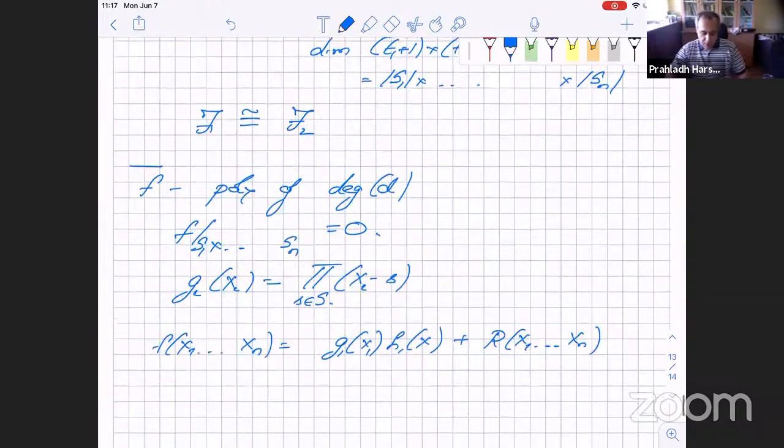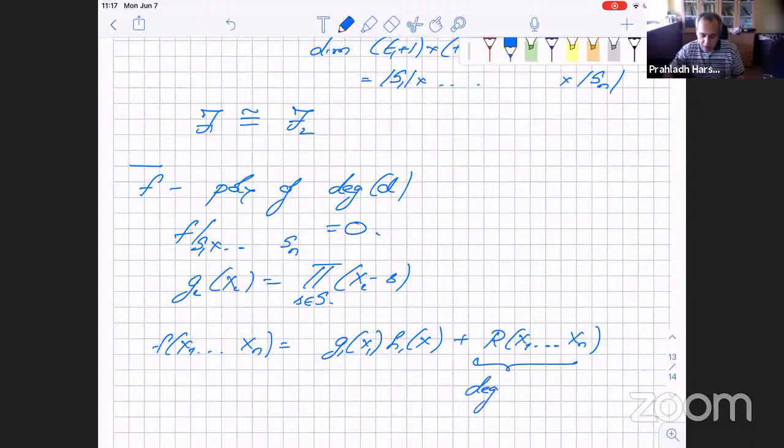I've just divided and said that the degree of R1 with respect to x1 is strictly less than t1 plus 1, since g1 had degree t1 plus 1. When I do this division, I view it as a univariate polynomial and think of the other variables as constants.